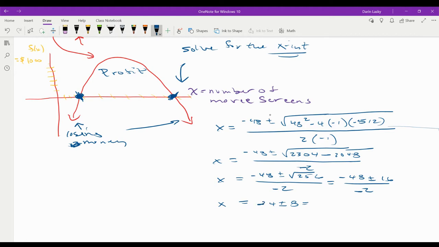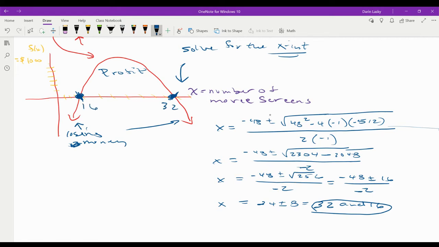Plus or minus 8. So then we get 32 for 24 plus 8, and 24 minus 8 is 16. So we get answers of 32 and 16. So I have an x of 32 and an x of 16.